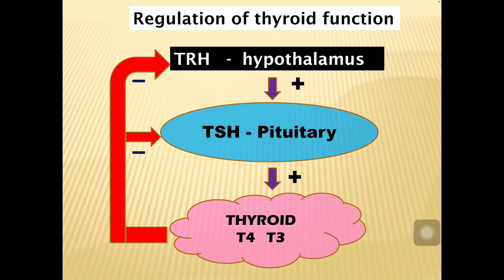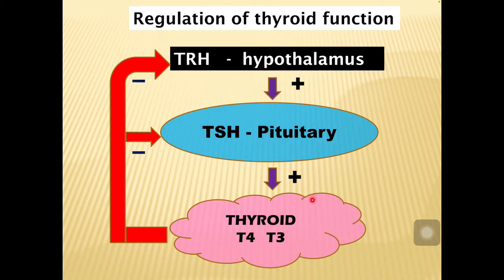Hypothalamus releases TRH, thyrotropin releasing hormone, which binds to the thyrotropes present in the anterior pituitary to release TSH, thyroid stimulating hormone, also known as thyrotropin. So hypothalamus releases TRH, acts on the anterior pituitary. TSH is released, which acts on the thyroid gland to stimulate the release of T3 and T4.